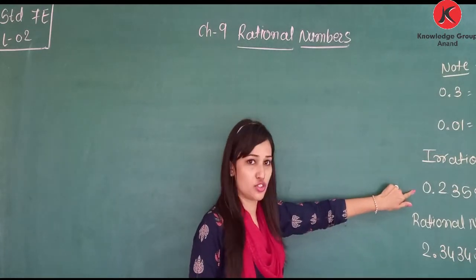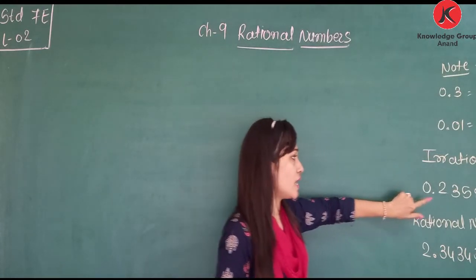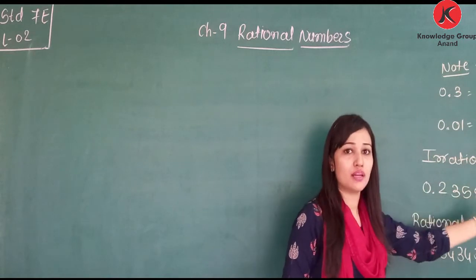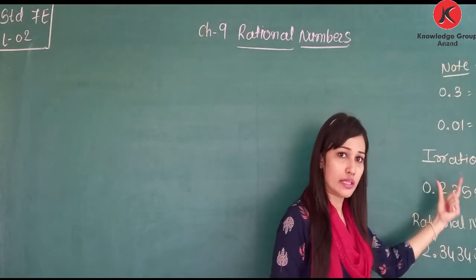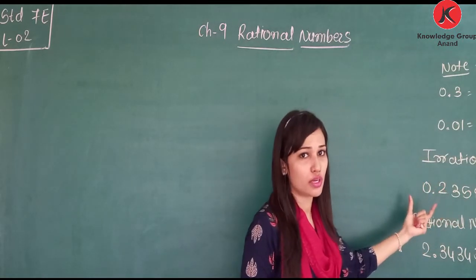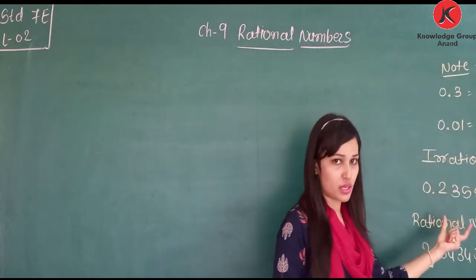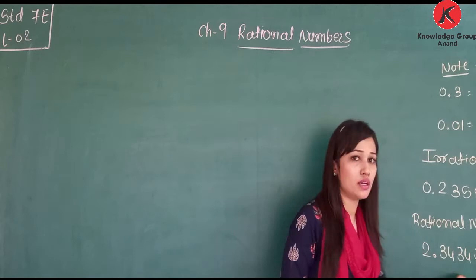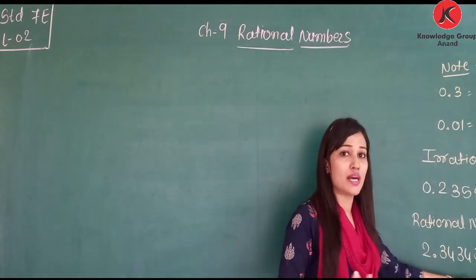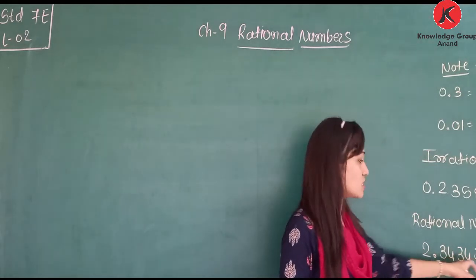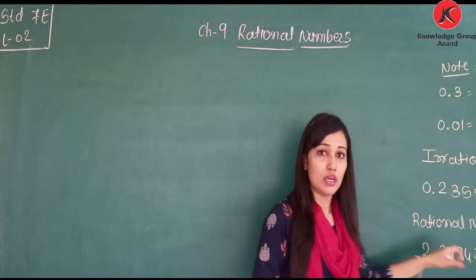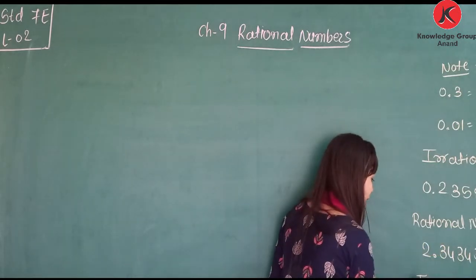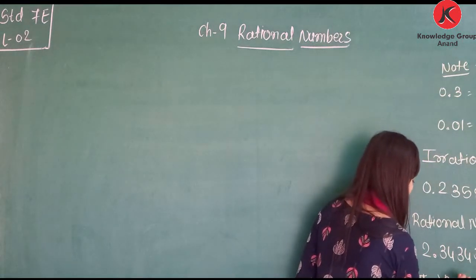If the numbers are infinite after the decimal point and non-repeating, then it is considered an irrational number, or you can say it is not a rational number. And if the numbers are extending, but in a repeating order, then it is a rational number. The question can be asked that pi is rational or not.